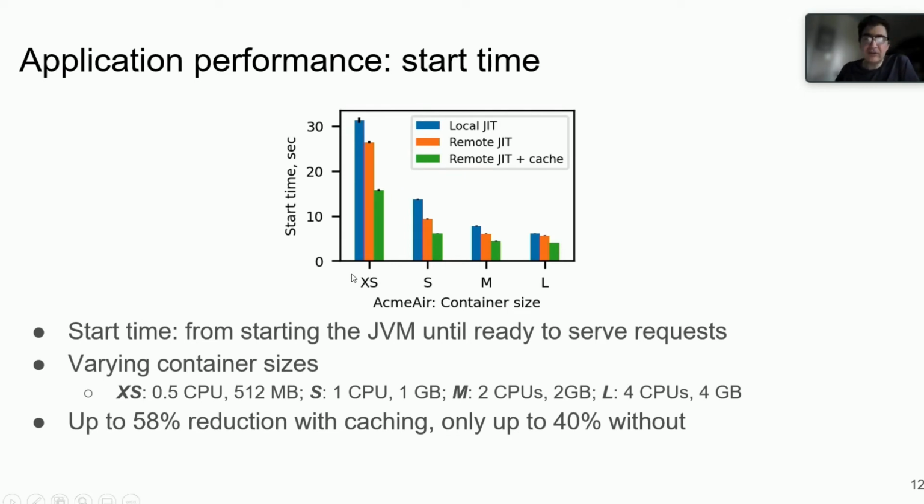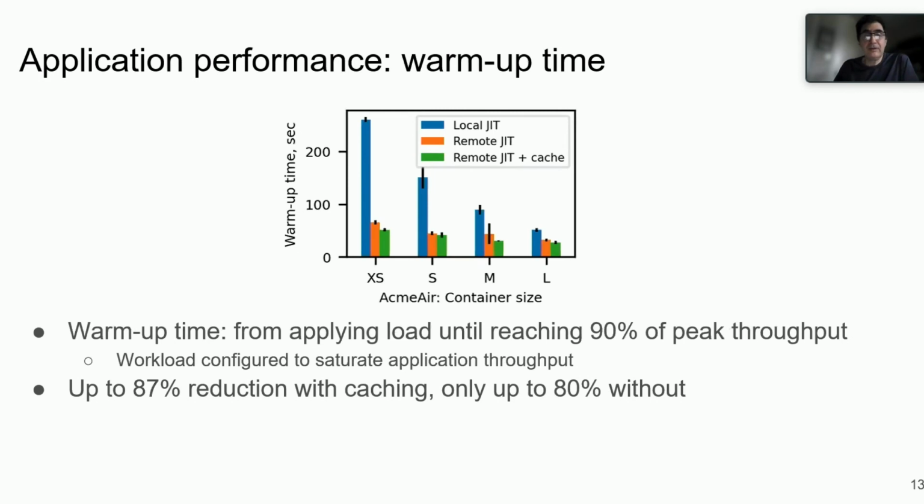Another observation is that as you go from small containers to larger and larger containers, those benefits decrease, because now the local JVM has all the capacity it needs to perform those compilations locally without affecting other application threads. Now let's look at warm-up time, measured in seconds. We define warm-up time as the time needed for an application to reach 90% of its peak throughput, and we apply load just enough to saturate those instances.